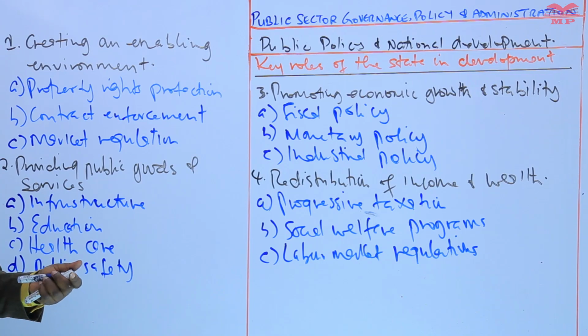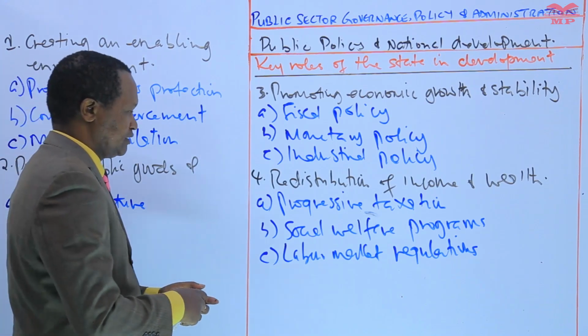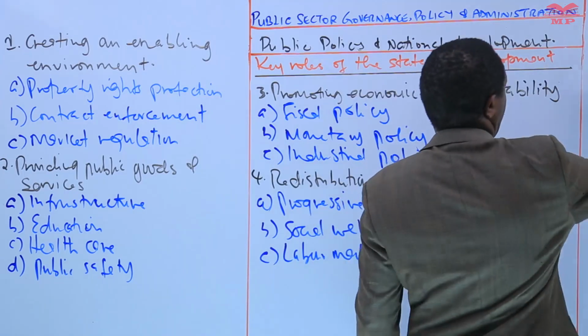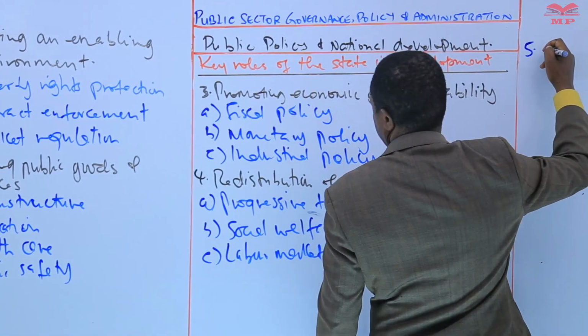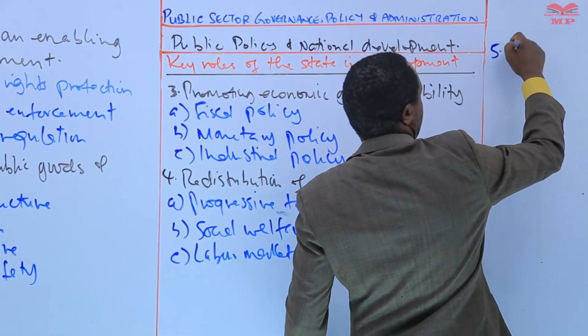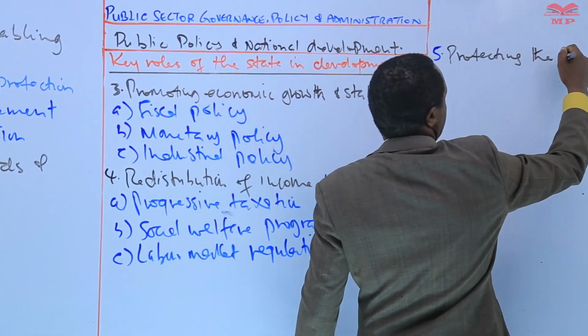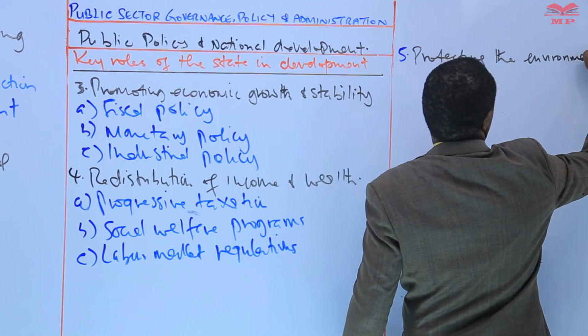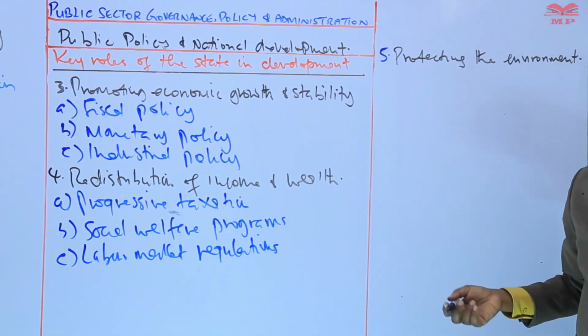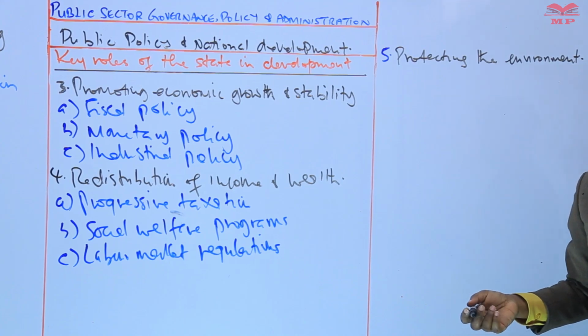Another role is to protect the environment. Number 5, protecting the environment. It is the role of the state to protect the environment. All right?